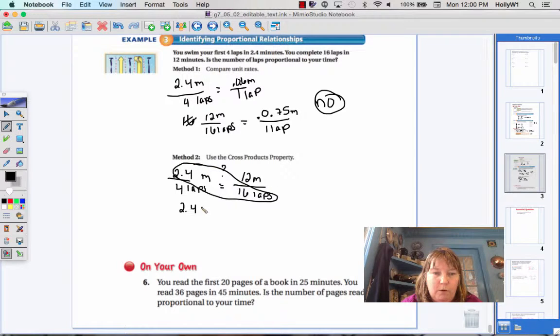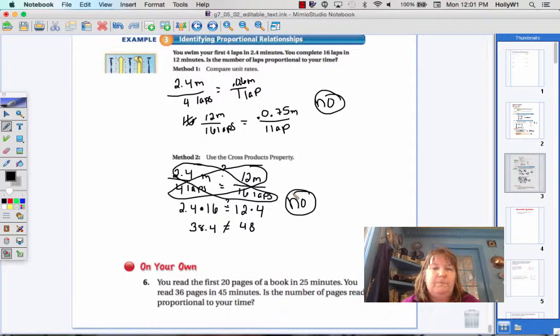So 2.4 times 16, is that equal to, I'm going to do the other side of the butterfly, 12 minutes times 4 laps. Well, 2.4 times 16 is 38.4, and that is not equal to 48. So since the cross product is not equal, no, it is not a proportional relationship.